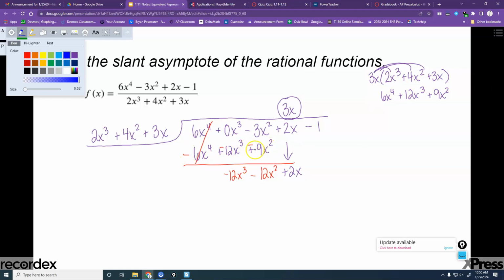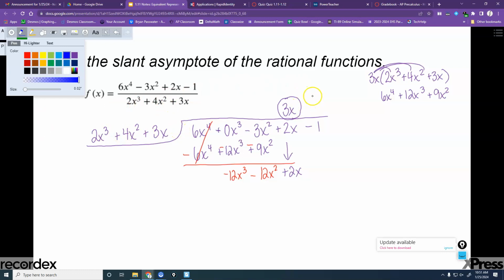If one of these numbers was negative, like if that was a negative 9x squared, subtracting it changes it to a positive. So when you're doing that subtraction step, it changes the sign of the bottom line right there. So we're going to see that happen probably. Well, no, all these are positive, so it's just a subtraction here.